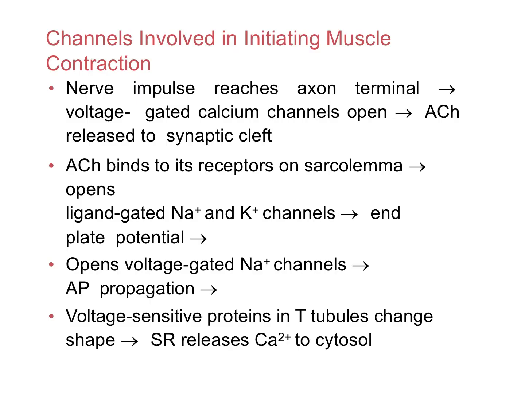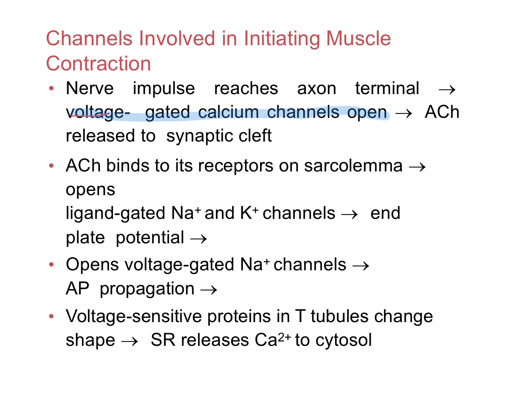So, altogether, the channels that are involved are a couple of different ones. A nerve impulse reaches the axon terminus. We have voltage-gated calcium channels, which stimulate the release of acetylcholine from the vesicles.